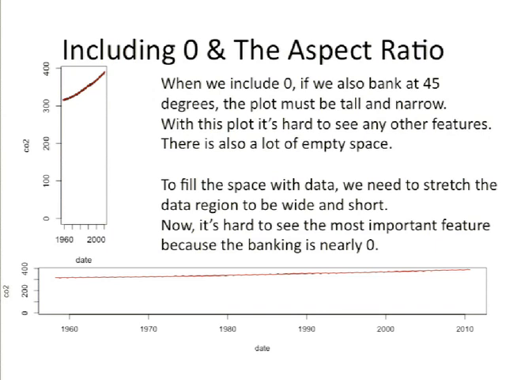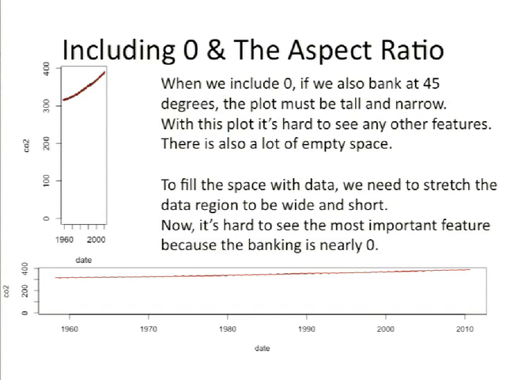Now, if we try to fill the space more, we wind up stretching the plot out. And you can do this in R really easily by simply taking the plotting window and taking one of the corners and moving it around to reshape your plot. What happens here in the bottom plot is that the banking is almost flat. It's nearly zero. So it's really hard for you to judge that this is even increasing.